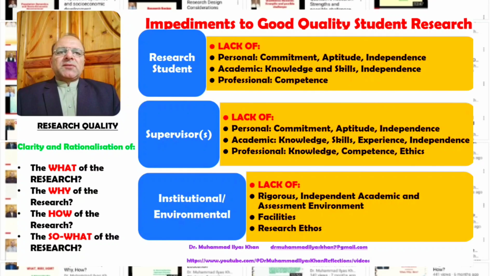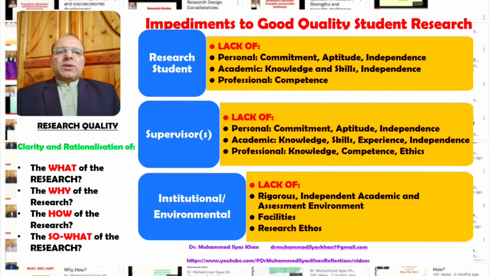On the other hand, if there is compromise on the academic rigor, the integrity, the ethics of the research, in short, on the research ethos in a particular institution, that will lead to a compromise on the quality of research, and ultimately it will impact the quality of the student research.